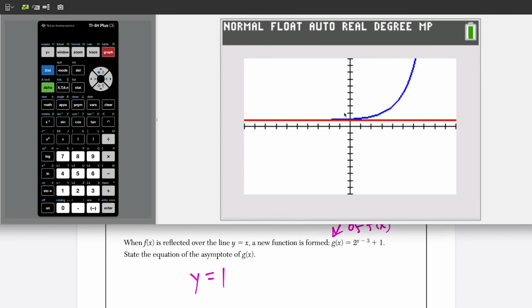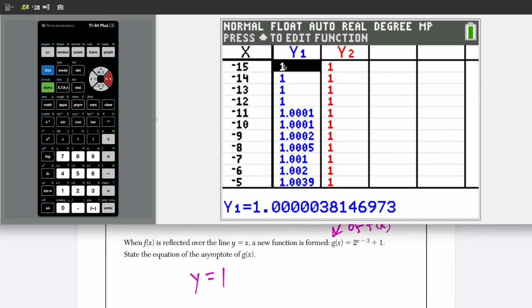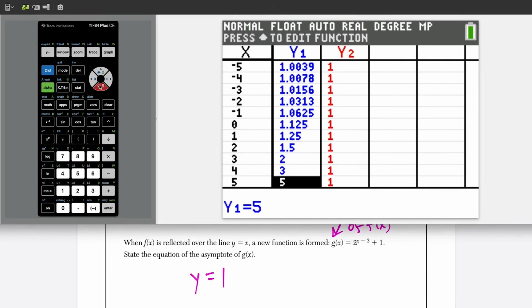Now, if you're not convinced that this is the horizontal asymptote, you could go to the table, press second graph, and if we scroll back like this, all the way back, we could see that as we move farther to the left, we're getting y values that are getting closer and closer to y equals 1. And as we move back towards 0 and the positives in the x direction, our y values increase.